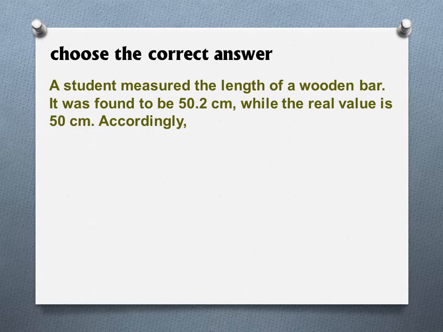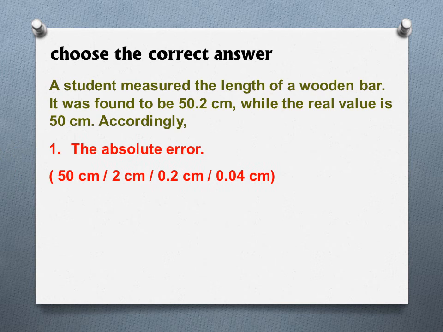A student measured the length of a wooden bar. It was found to be 50.2 centimeters, while the real value is 50 centimeters. Accordingly, for the absolute error we subtract: 50 minus 50.2, so the absolute error is 0.2 centimeter.